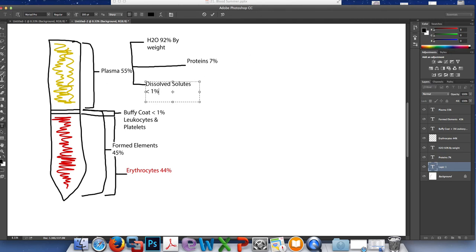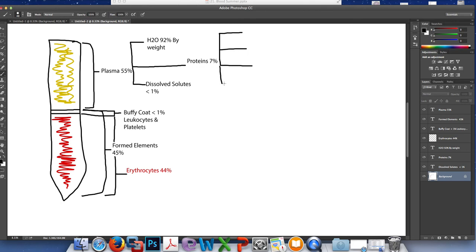Of the proteins, we had mentioned that we have a few of them. Albumin is one, globulins is another, fibrinogen, and then regulatory proteins. So we're going to write about each of these in here as well.